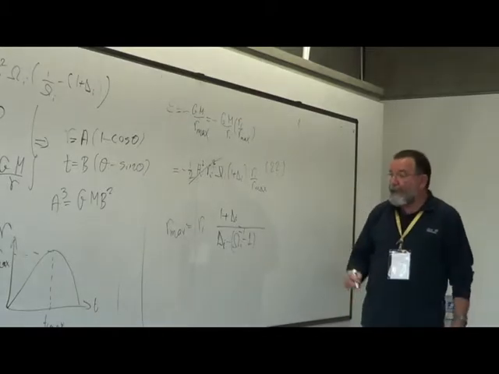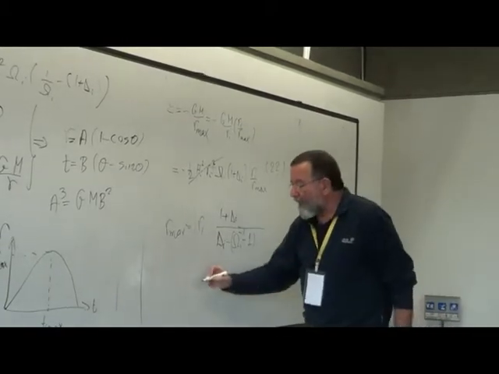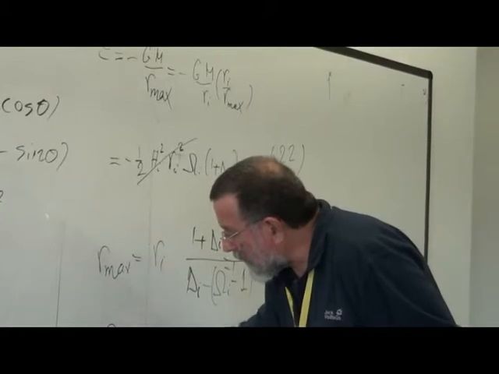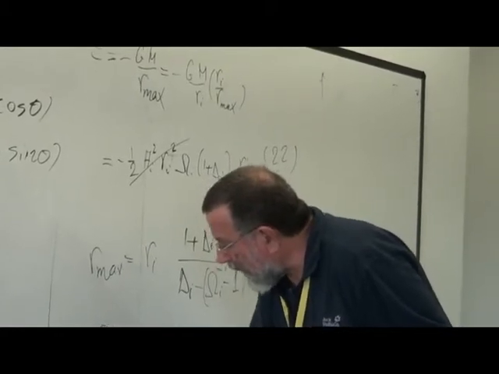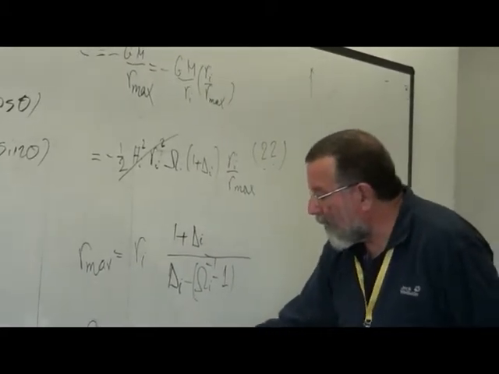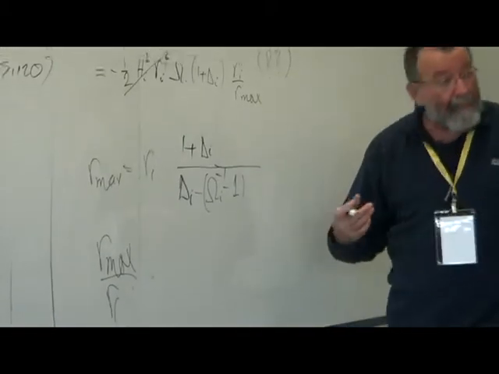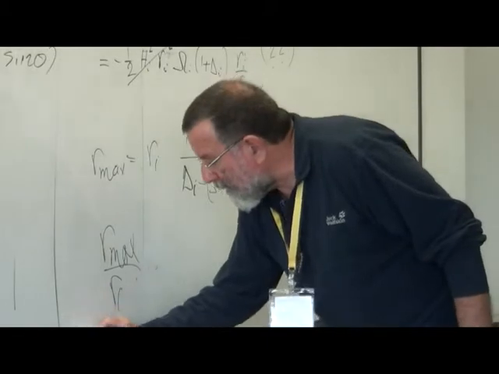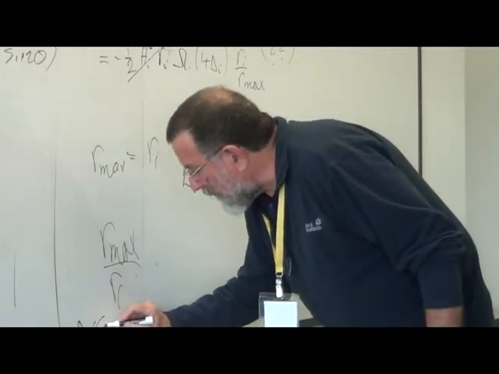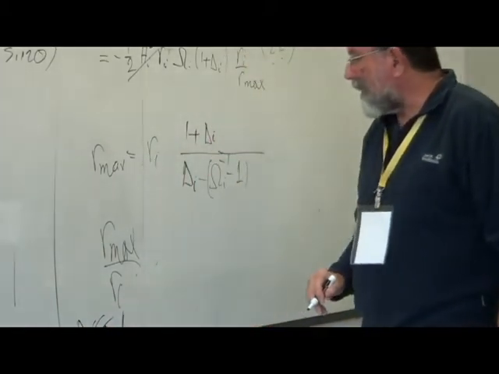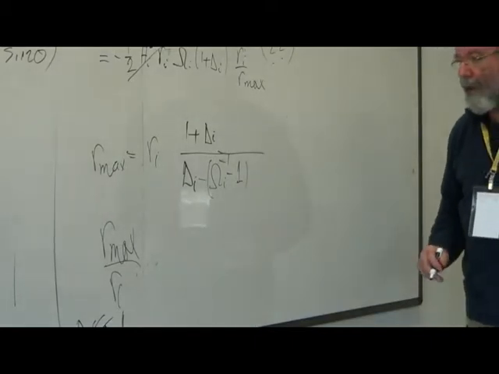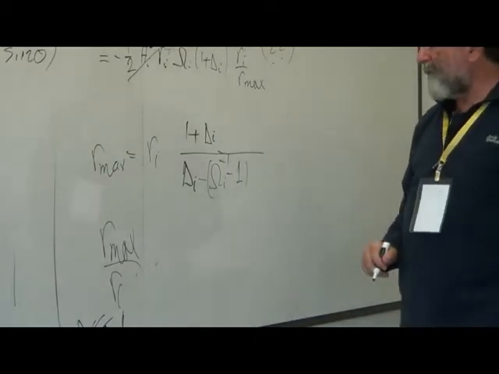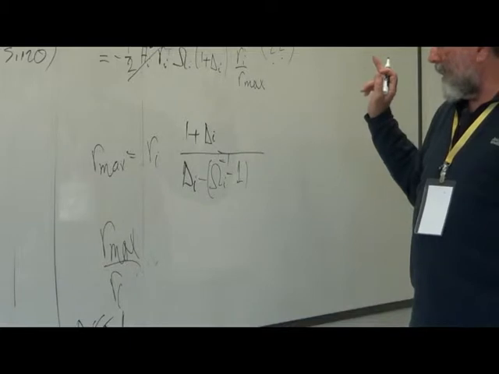Essentially, I can write R max divided by R i equal to the following. I know that I'm starting at some very early initial time where delta i is much smaller than 1.